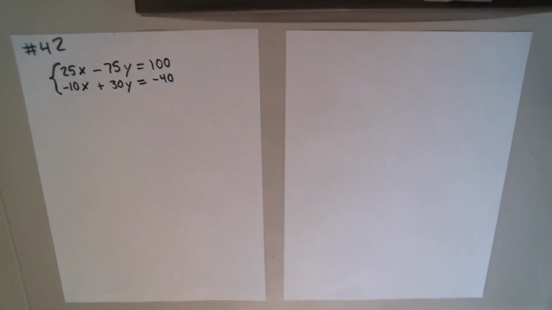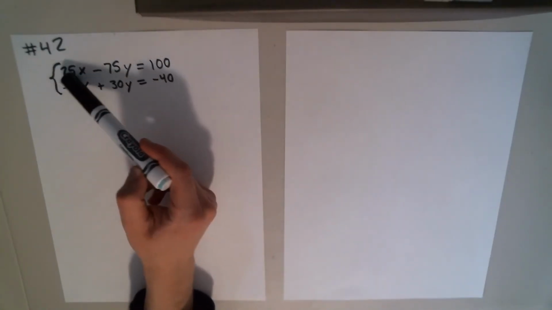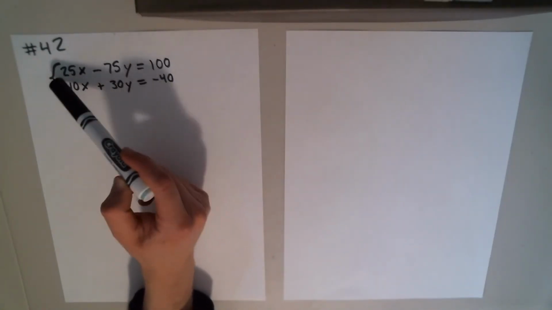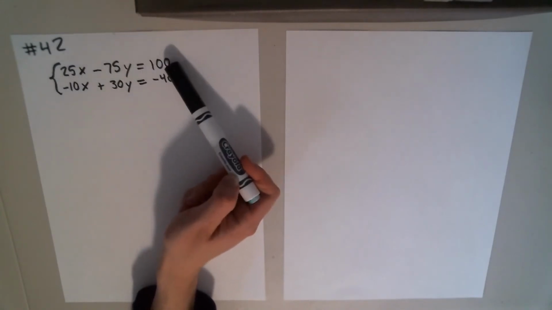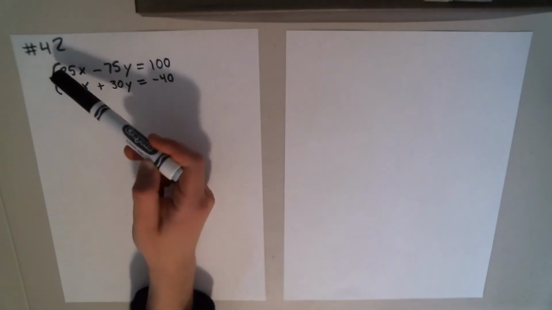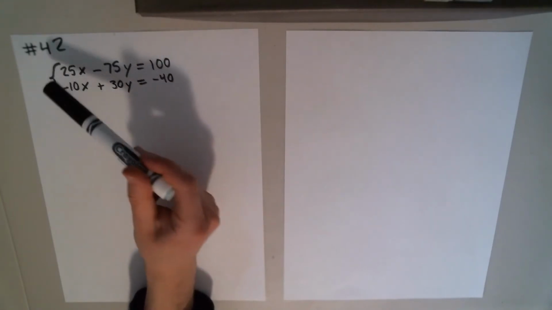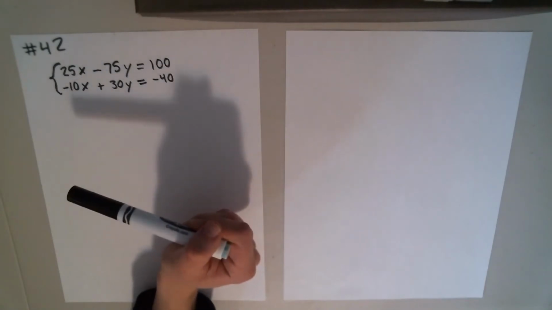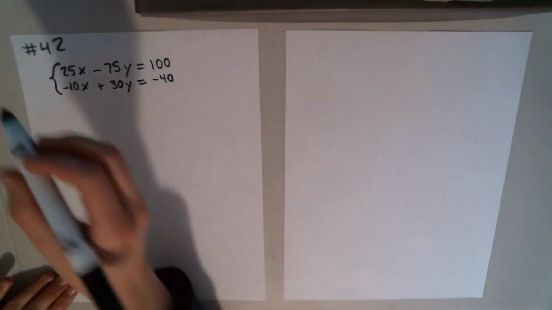What I would probably do first with this is there's kind of a common factor between each equation. So the top one, you'll notice this is 25, this is 75, this is 100, right? So 25 is a common factor of all of the coefficients here.